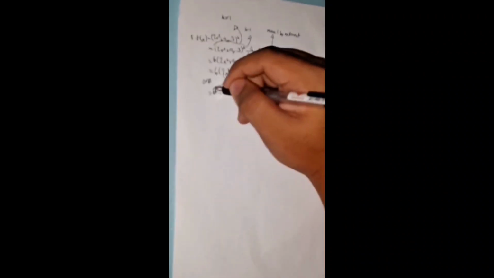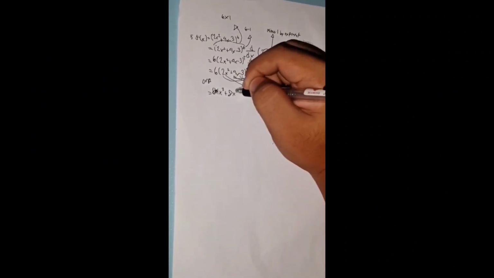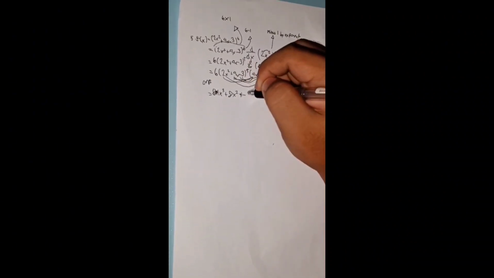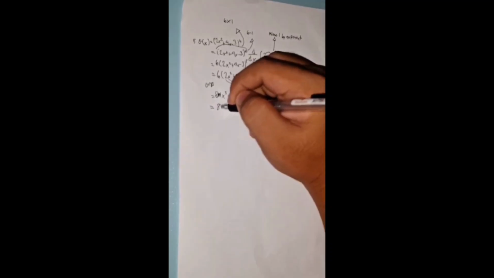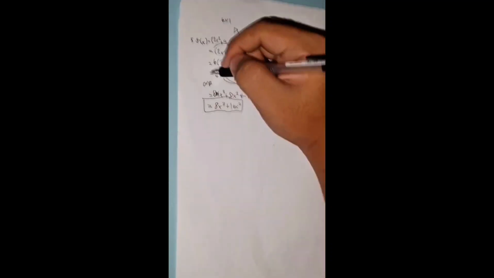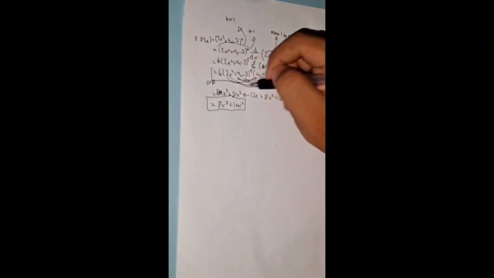Now, the other final answer can be 8x cubed plus 8x squared minus 12x plus 8x squared plus 16x minus 12. Now, combine the like terms. Now, we will have 8x cubed plus 16x squared as our second final answer.